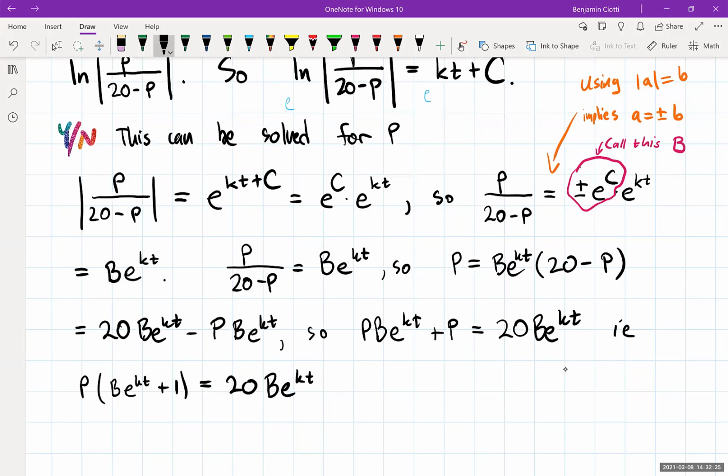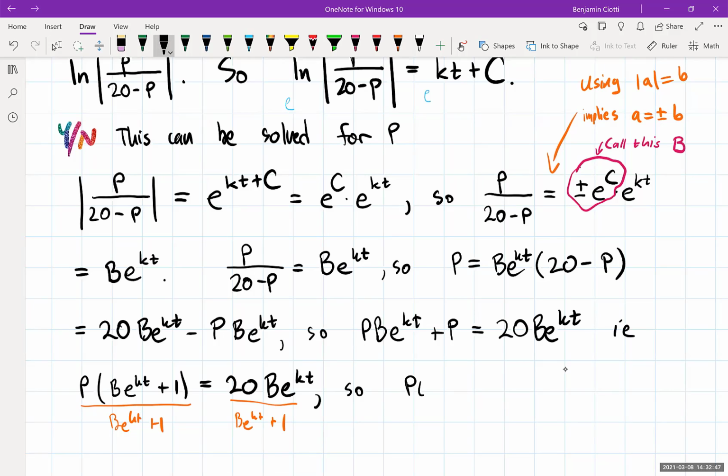Oh, wait a second. I can get P by itself right now. So I just divide both sides here by B e to the kt plus 1.